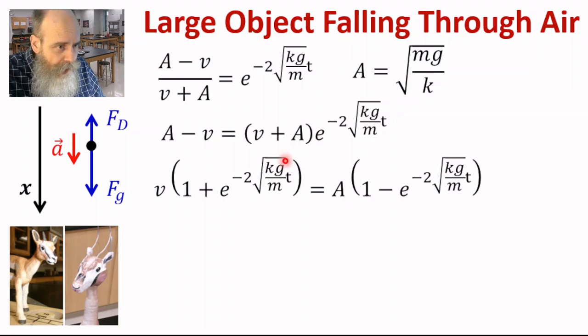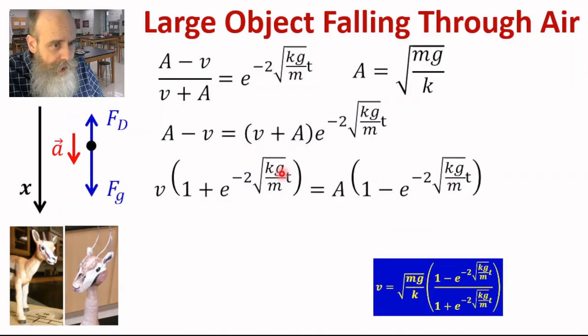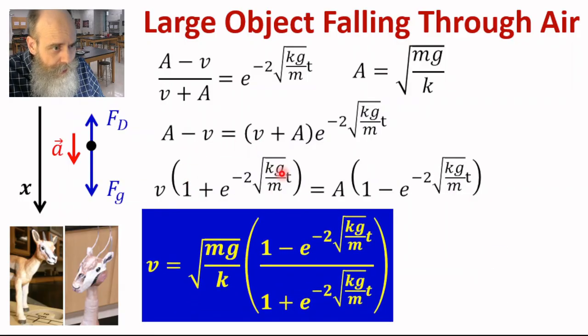So now divide by this factor, and we get this. So this is our velocity. Square root mg over k, this is the terminal velocity, times 1 minus e to the negative 2 square root kg over m times t over 1 plus e to the negative 2 square root kg over m times t.